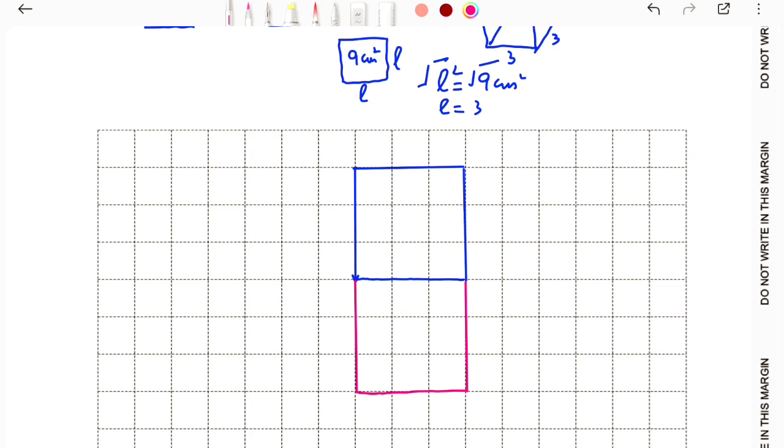Now the other 4 faces, each drawn with sides of 1, 2 and 3.